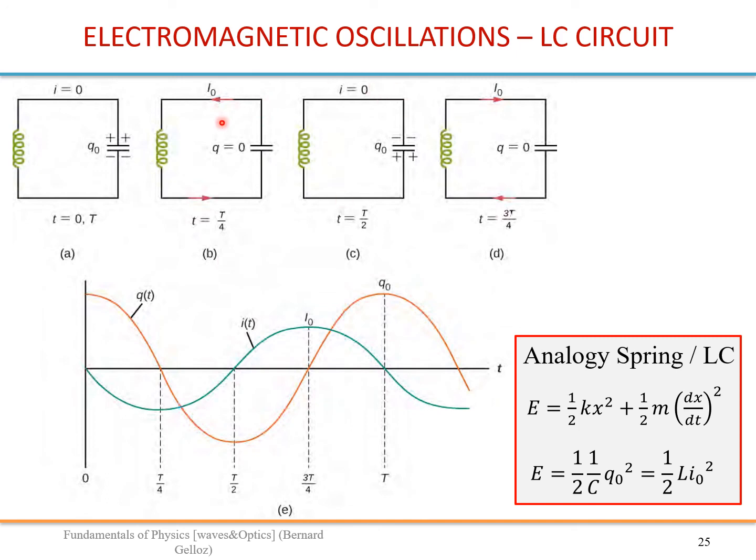Then all the energy will be again in the capacitor with no kinetic energy, and so on. So at this position all the energy is in the capacitor, so you can write it like this. And here all the energy is in the inductance, and therefore given by this.